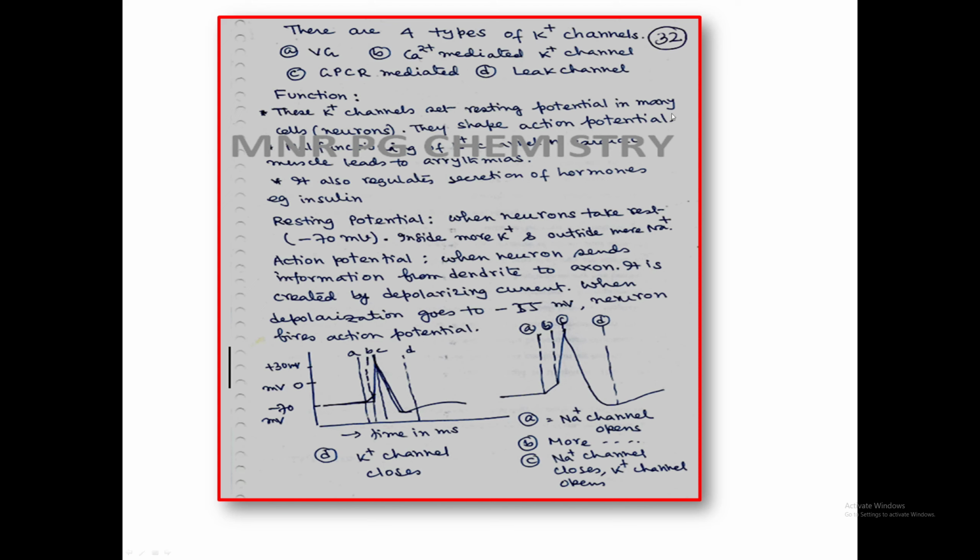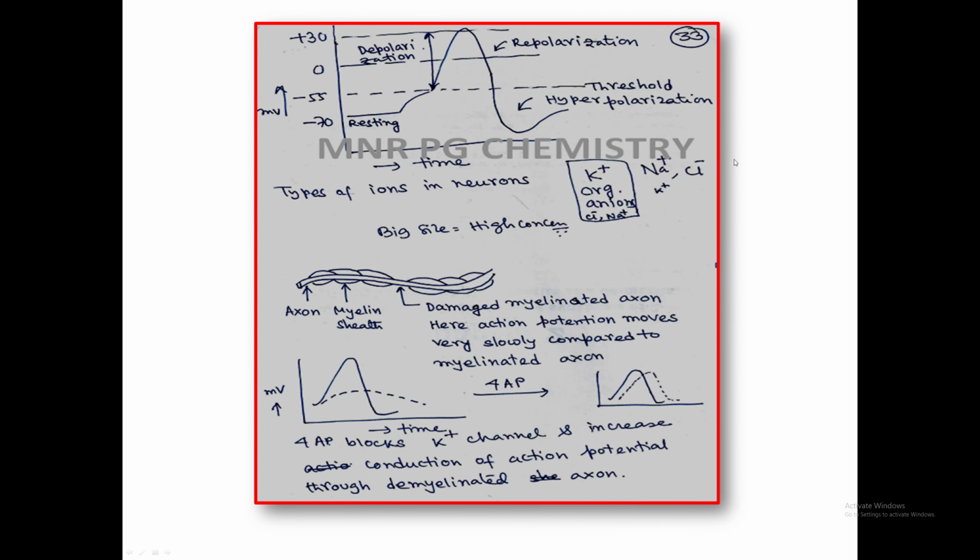That is resting potential. I have already written in the previous slide: inside more potassium is there and outside more sodium is there. That is the resting potential. This is inside the cell. Big size means potassium concentration is more inside; outside the sodium and chloride concentration is more, outside potassium concentration is less, and inside sodium and chloride concentration is less.